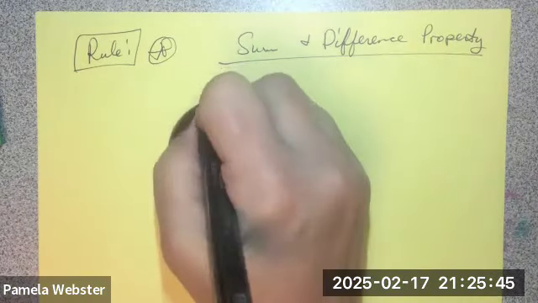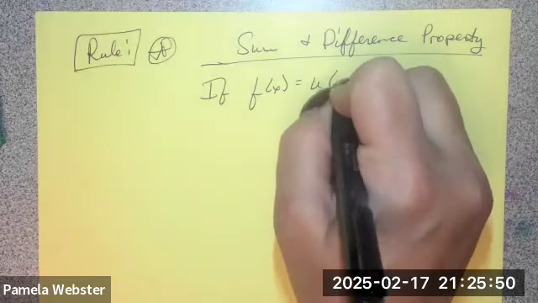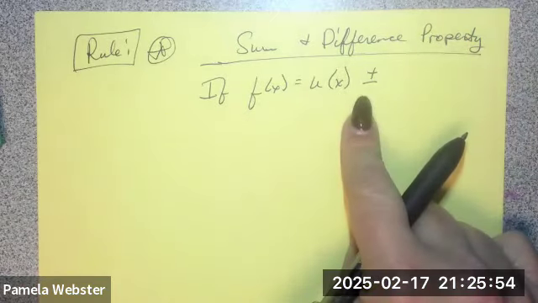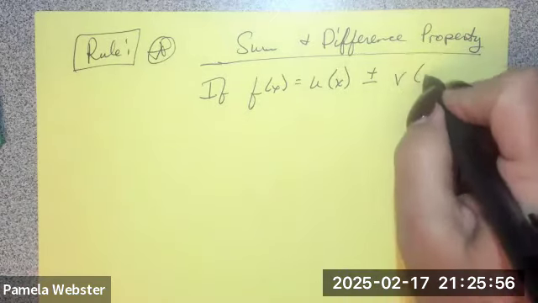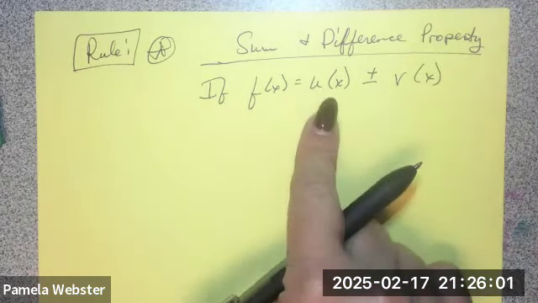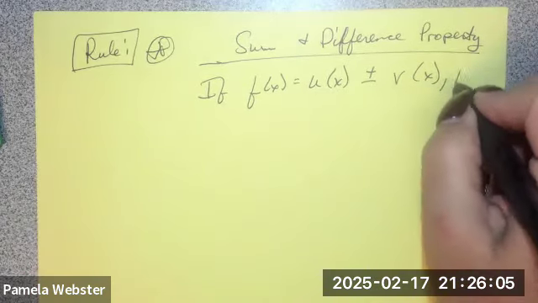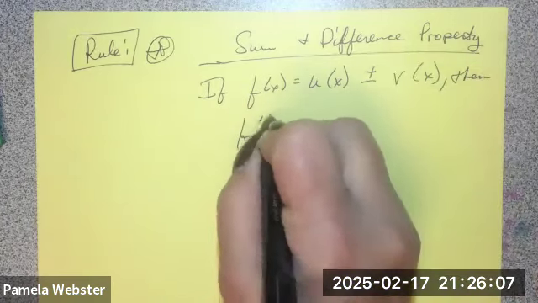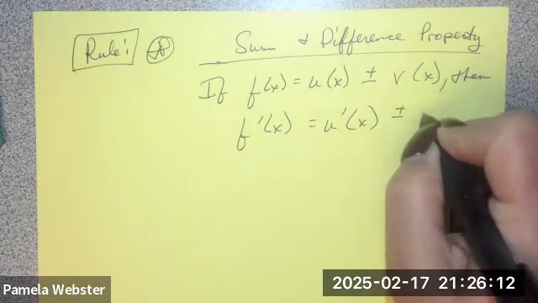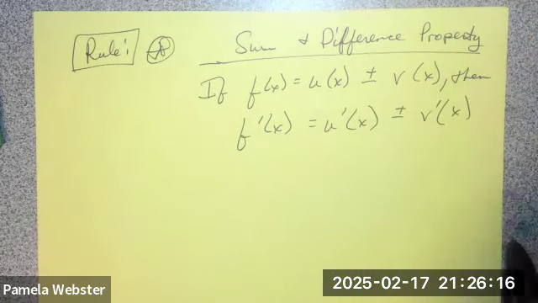What it says is if f of x equals u of x plus or minus, meaning it could be plus or it could be minus, either one, v of x. Okay, what do you think these guys are? Some little function, right? Okay, so then you can take the derivative of the whole thing by taking the derivative of the smaller things and adding them.